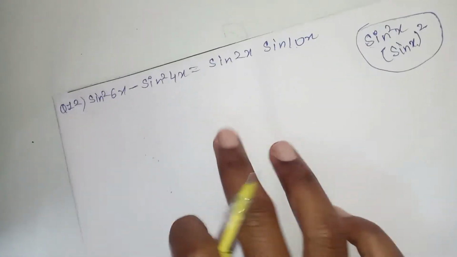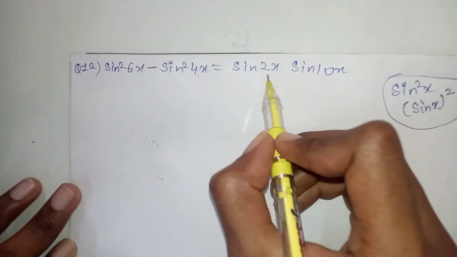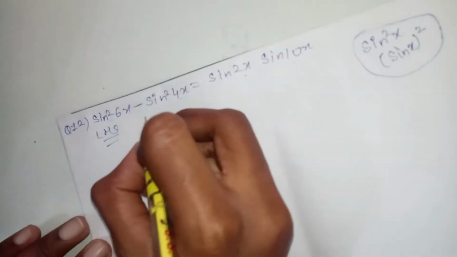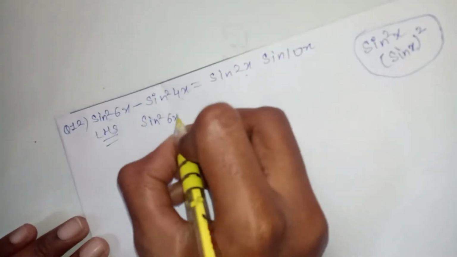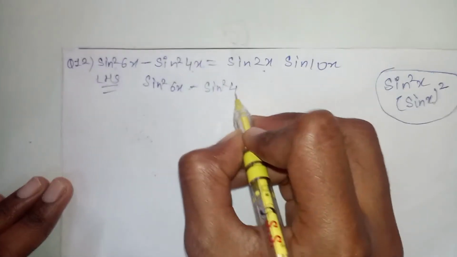First, what you have to do is take the left hand side, that is, take this whole and you have to get this. Okay, left hand side: sine square 6x minus sine square 4x.